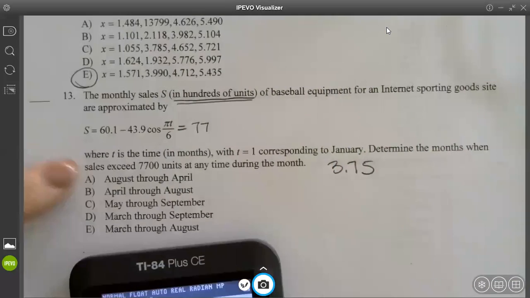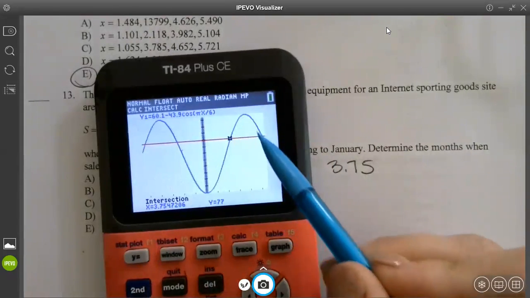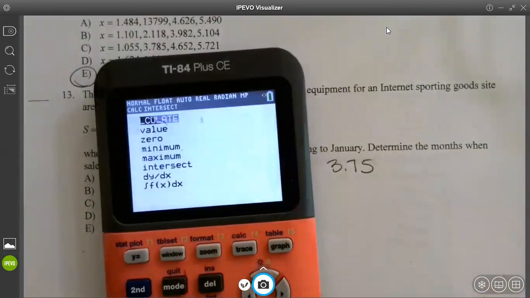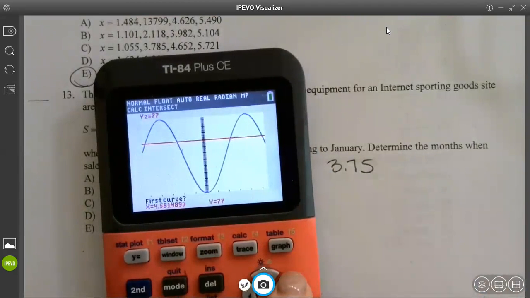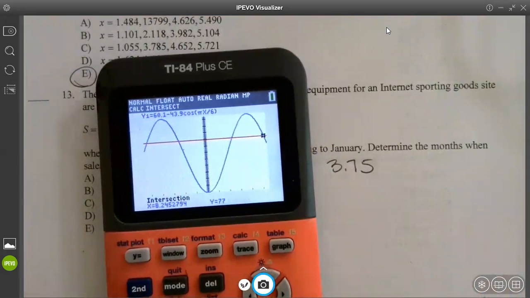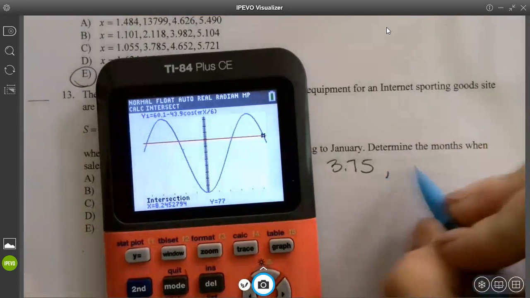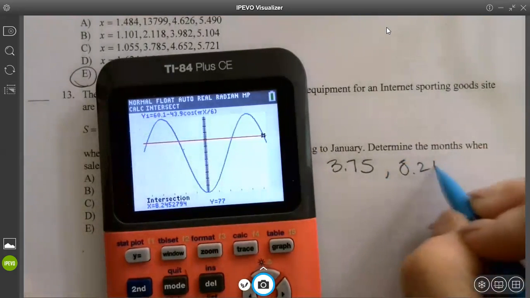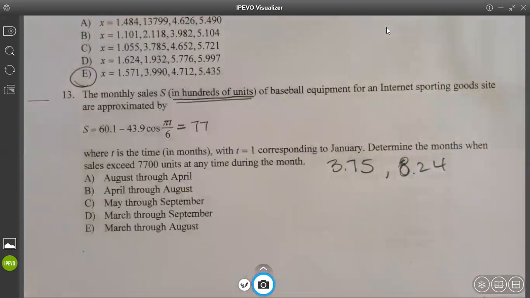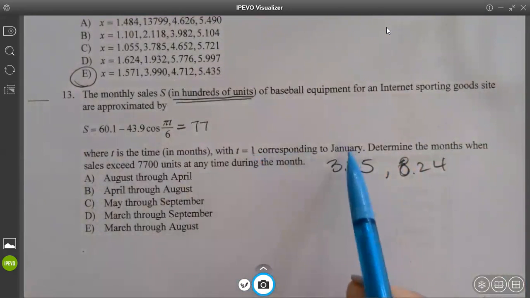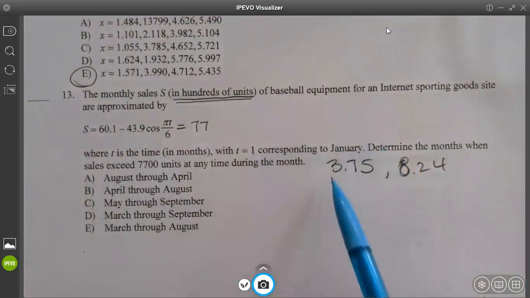It says, when do they exceed 77? That means above it. So this whole curve is above it. This other side really doesn't matter, but we're going to do it anyway. I mean, yeah, we'll talk about it. And 8.24. If T1 is January, when is 3.75?